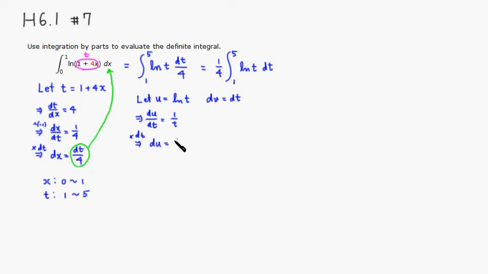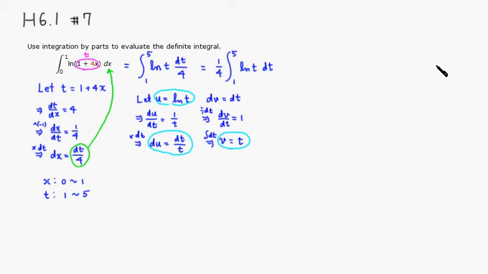So du is dt over t. Then divide through by dt so that dv over dt is equal to 1. If you take the antiderivative with respect to t, we find v to be just t. So we have u, which is natural log of t, v is t, and du is dt over t.